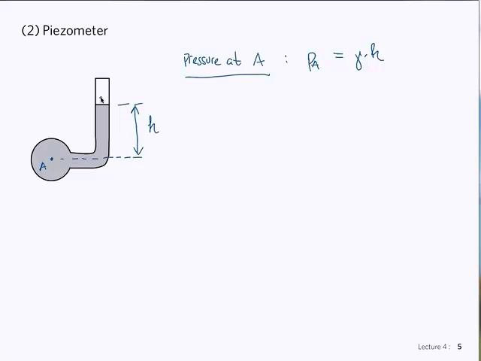This is open to the atmosphere, so atmospheric pressure is acting there, and the other pressure is acting against it, and we're measuring this difference in pressure just as gamma H, the column of liquid. Basically we've ignored the fact that there's atmospheric pressure there because this is actually a relative pressure with respect to atmospheric, which we call gauge pressure.